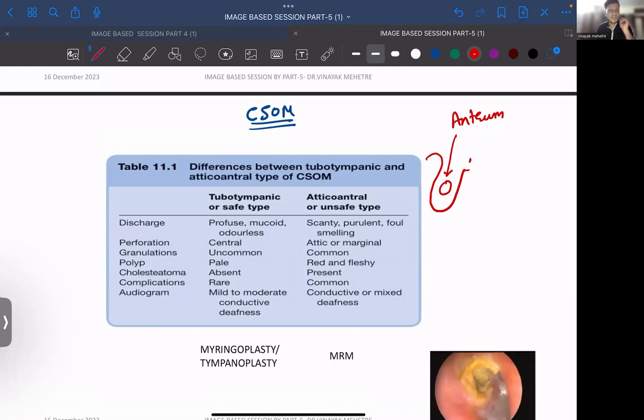It opens by a door between the middle ear and mastoid air cells. It is connected to the middle ear, and the middle ear is connected with the eustachian tube. I am drawing the diagram just for understanding, do not take it literally. All of this together is called the middle ear cleft. The door between the mastoid cells and the middle ear is called the aditus.